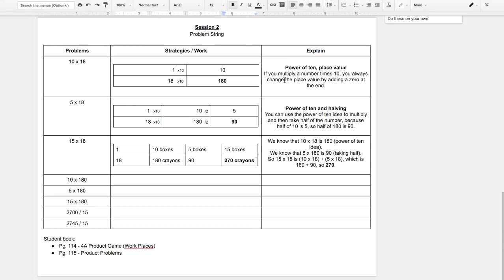Okay, and then over here you can see the explanation, the idea that we're using, and then explaining it in our own words. This is something that you're going to practice on your own: what is the strategy that's being used, and can you explain that strategy? There's a few more here that you're going to work on by yourself. This one, you just use the strategies that we've already used. Same with this one. Same with this one.